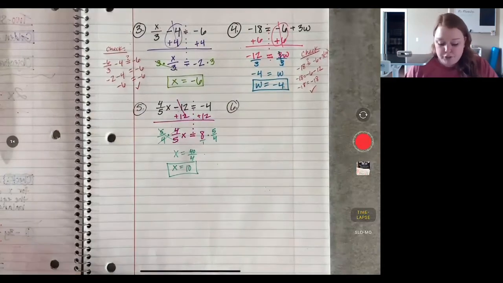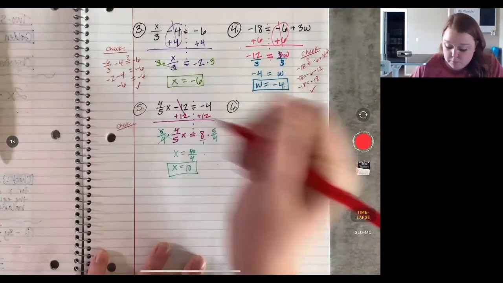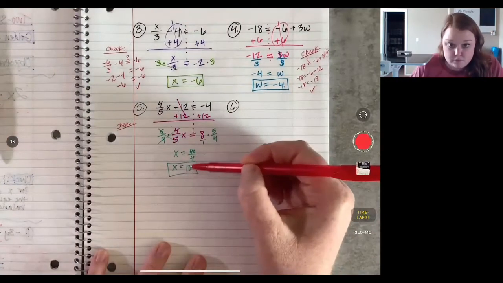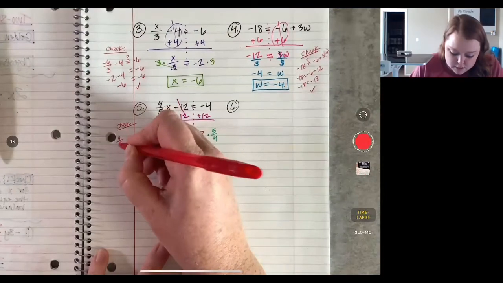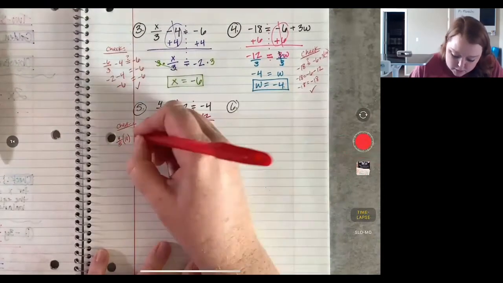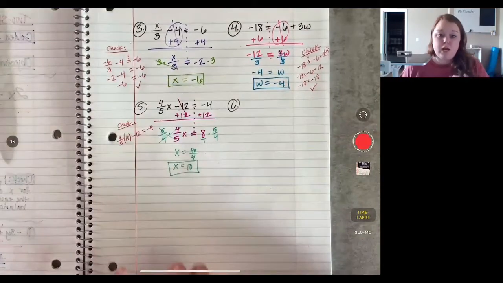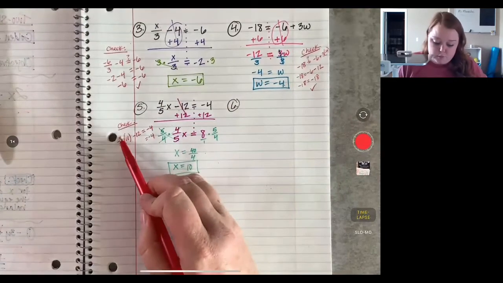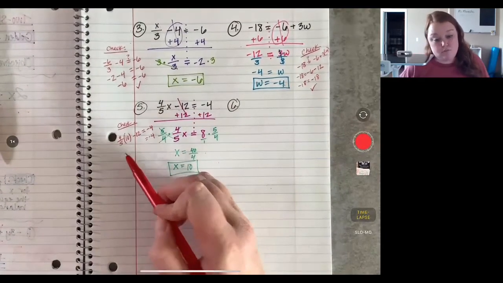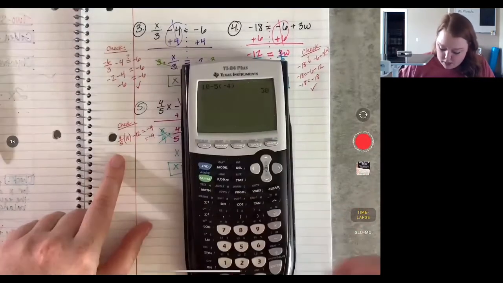Okay, your check on this one is going to be the same. Even if a fraction's involved, the check is the same. I plug in 10 there, so you have 4/5 times 10 minus 12 equals -4. Now, I'm comfortable multiplying fractions. I know that this is going to be 40 over 5, which is 8, but I'll prove it to you on the calculator.